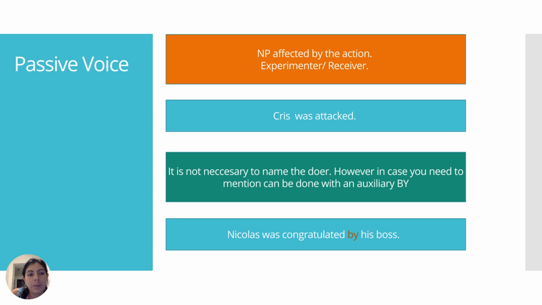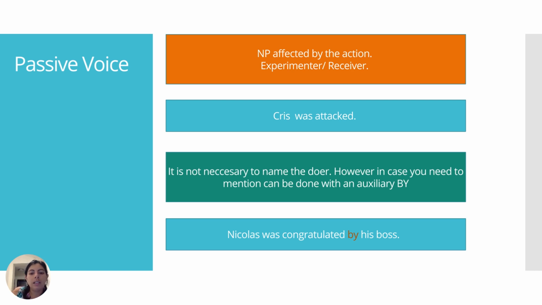We know that something happened, in this case to Chris. Chris was attacked, but we do not specify the person who did the action. So as we can say, it is not necessary to mention or to name the doer, but sometimes if we want to add this information, we are going to use the auxiliary by. For example, Nicholas was congratulated by his boss.